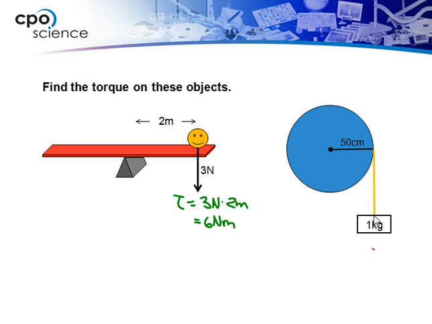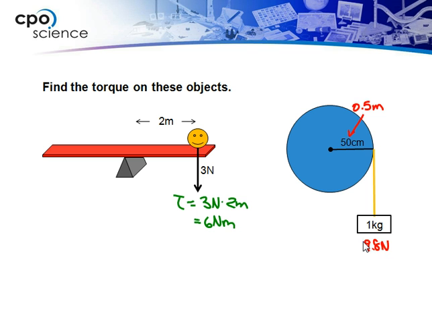So we have centimeters and we have mass, so we're going to have to do some unit conversion. The first thing we need to do is recognize that 50 centimeters is half a meter. And in order to get the weight, we have to multiply by gravity, 9.8 meters per second squared. Once we do that, we get 9.8 newtons.